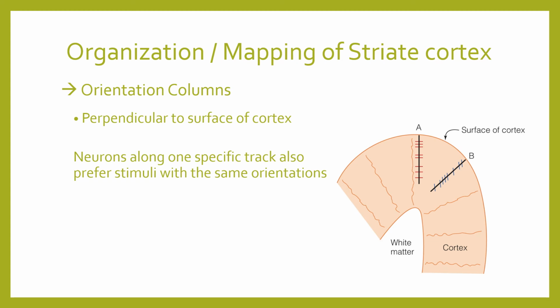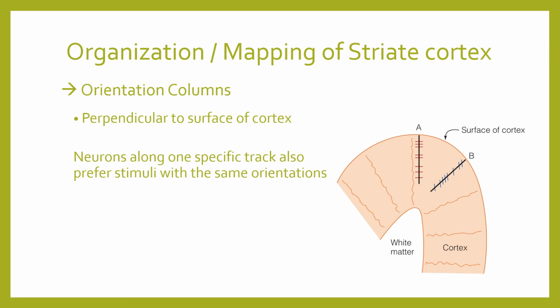And if we look at B, so we move out a little bit at B and go down in a column from the surface of the cortex, every single neuron in that column is responding to a particular location in space and responding to a particular orientation. So it only is going to respond when, I'm going to pretend that's kind of vertical, even though it looks a little bit oblique to me, but it's going to respond to the vertical line.